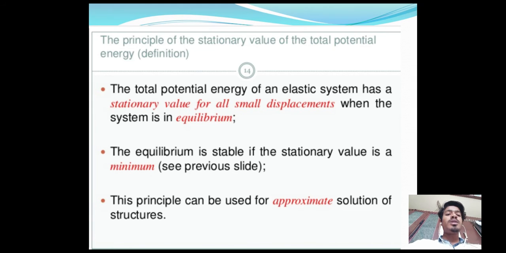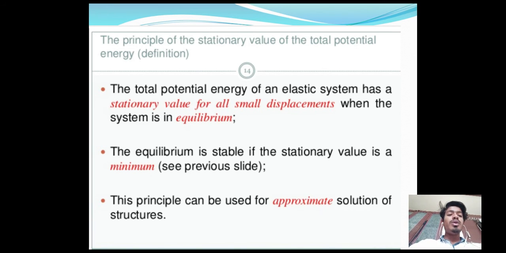The equilibrium is stable if the stationary value is minimum. If the stationary value is maximum, then it is not in stable equilibrium.